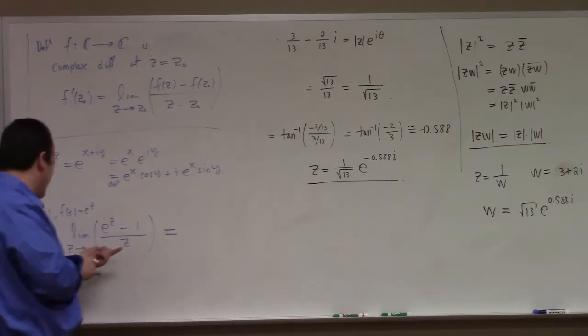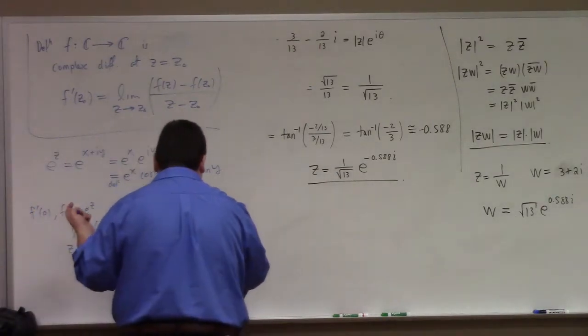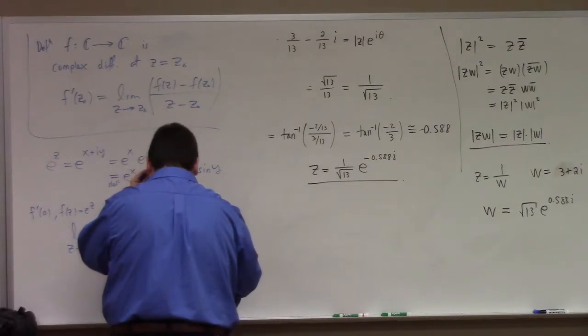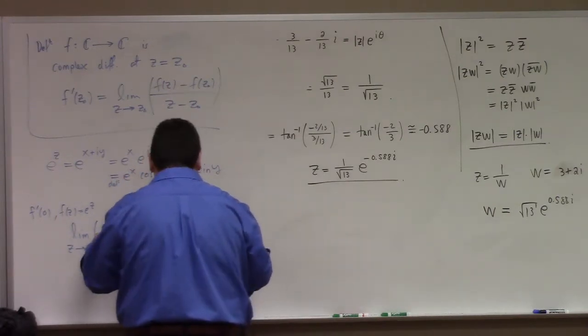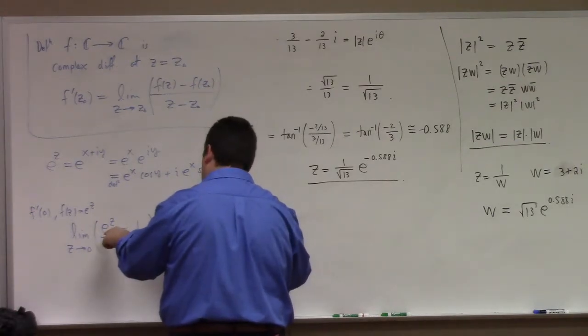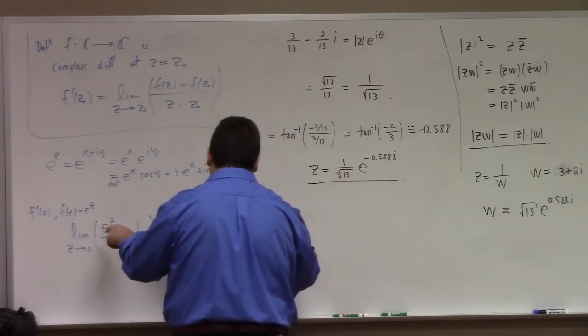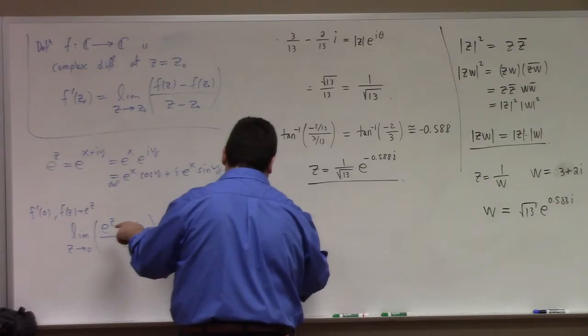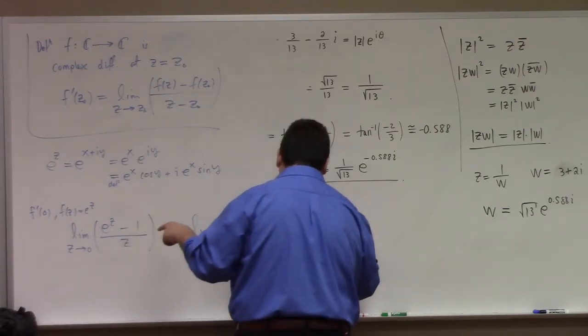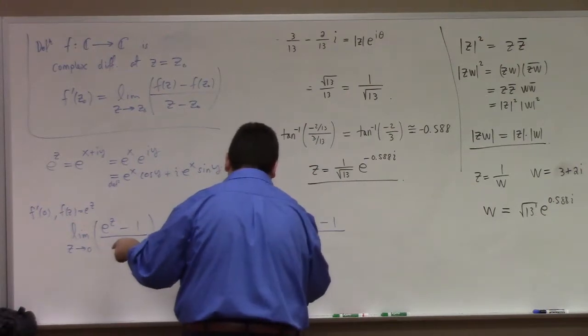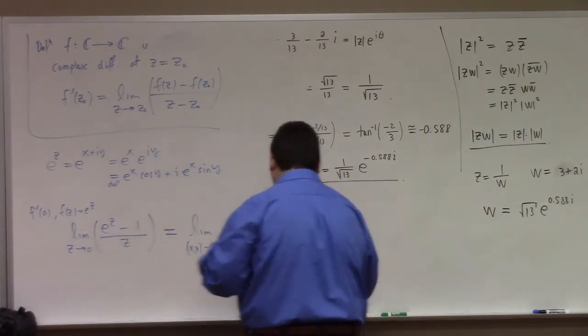This is the limit as (x, y) goes to (0, 0) of e to the x cosine y plus i e to the x sine y, and then we're subtracting 1, dividing by x plus iy, right?